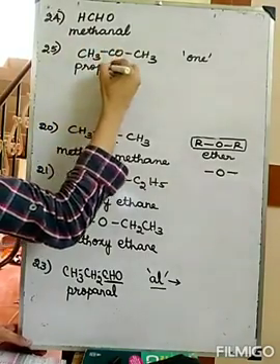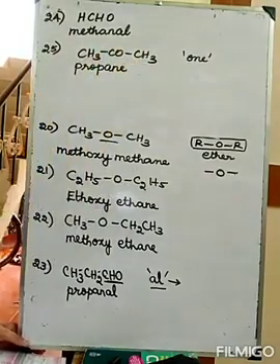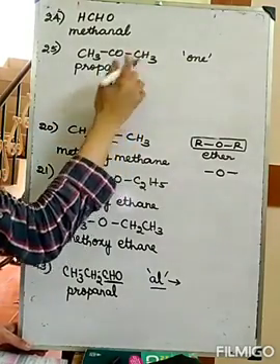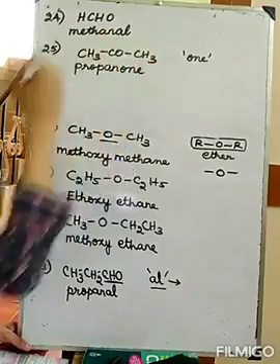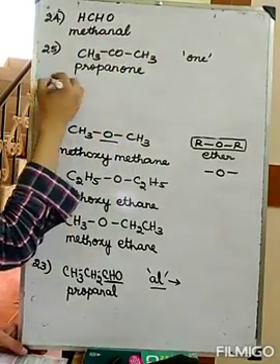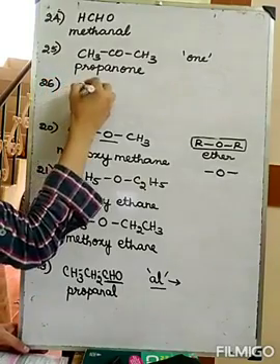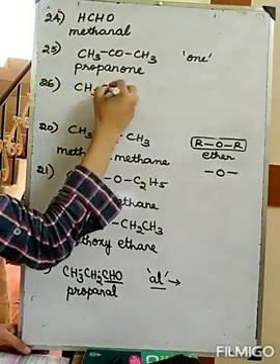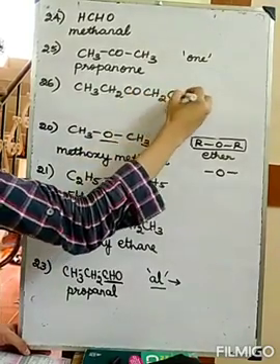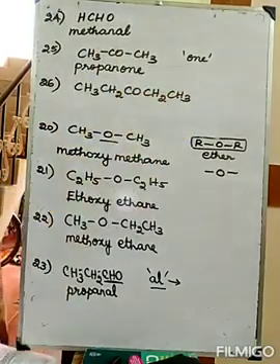Single bond means it is ane, alkane. So it is a ketone group, so instead of this e, you should write the suffix one. So what is the name? Propanone.